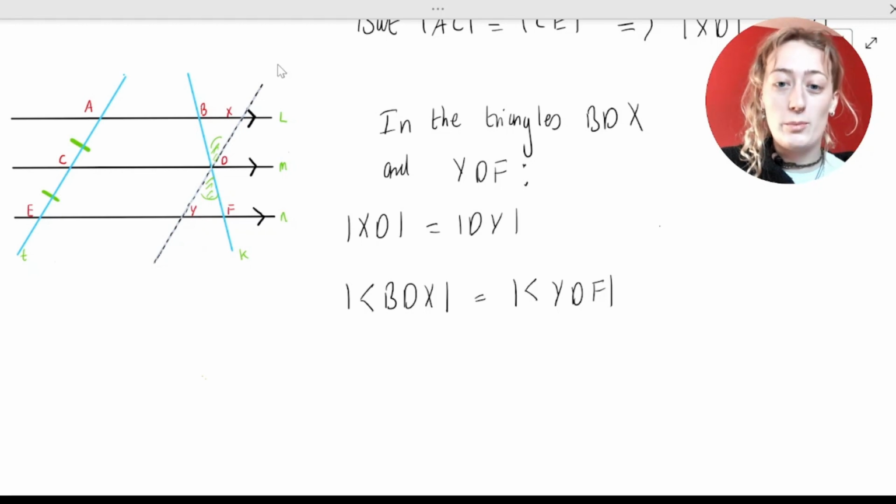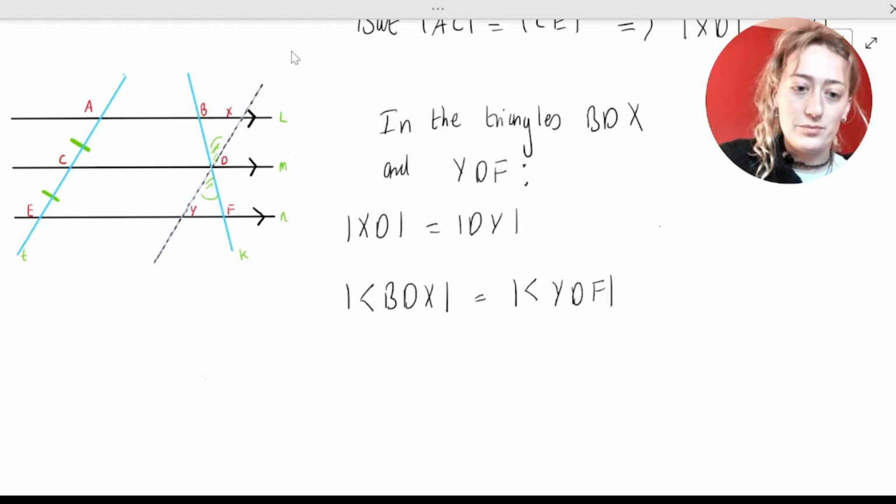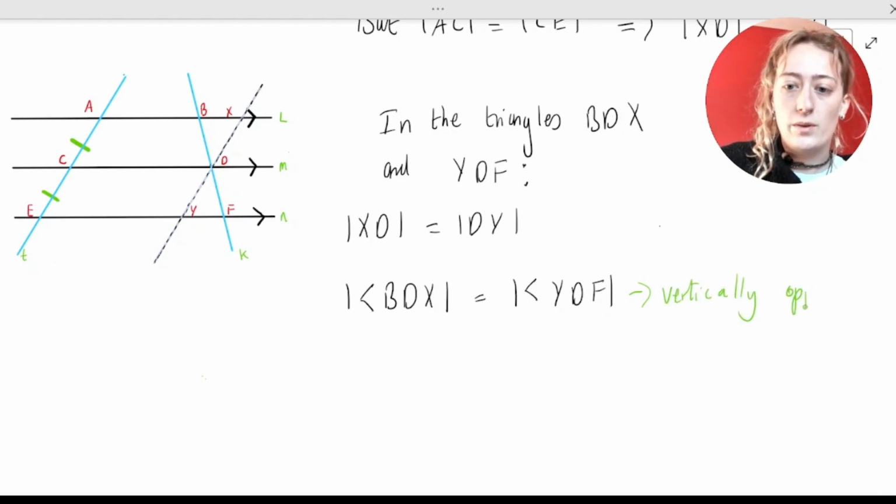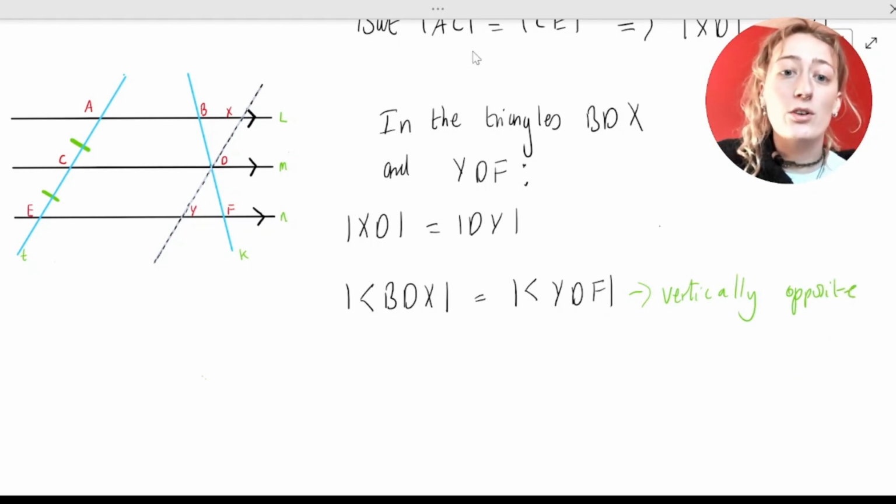They're vertically opposite each other. Okay, vertically opposite angles to each other are always equal to each other. So off we go. We can write that in. That this is because of vertically opposite angles. Again, I'm writing in my reasoning in other pens to make it very clear to the examiner or to whoever's reading my proof why this is true.